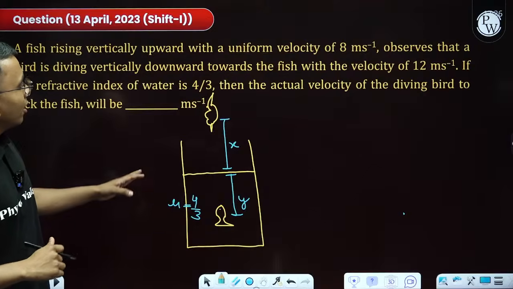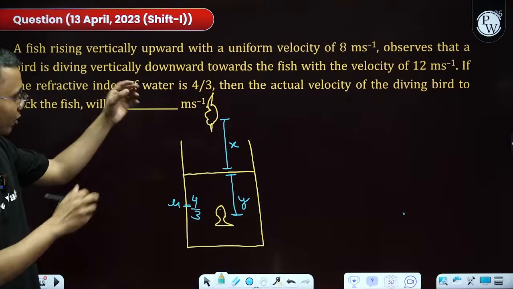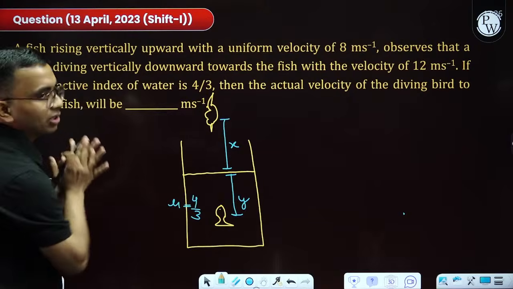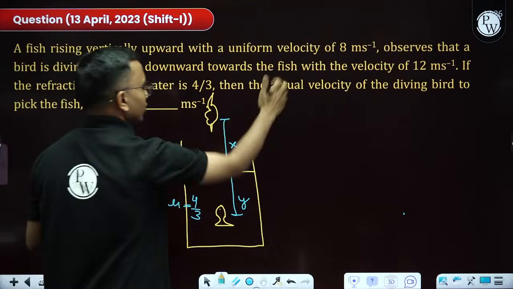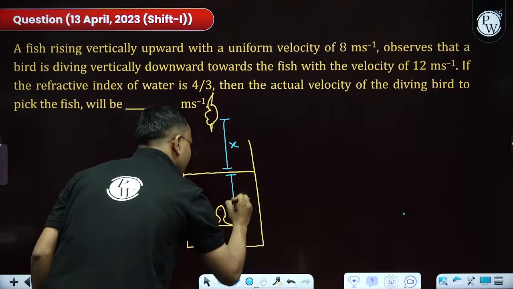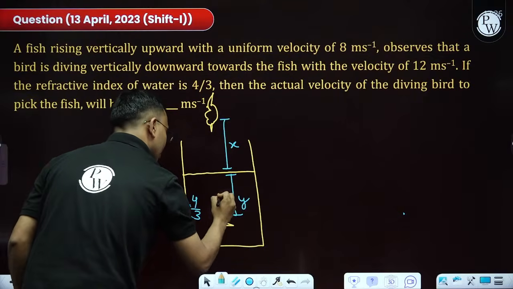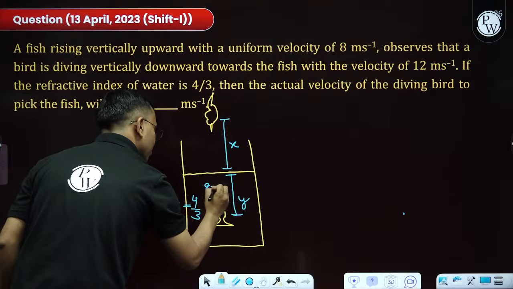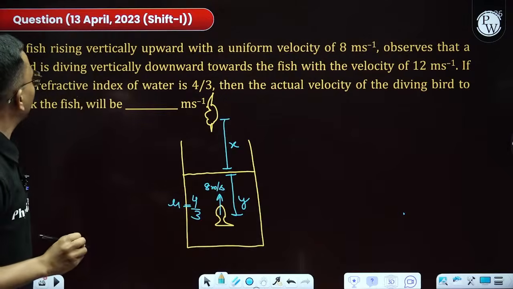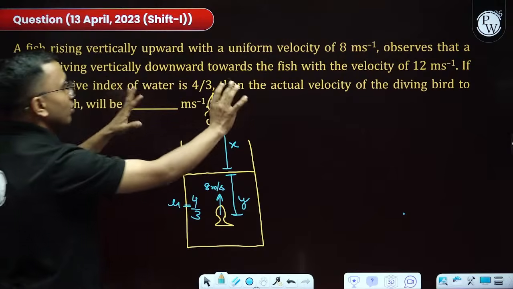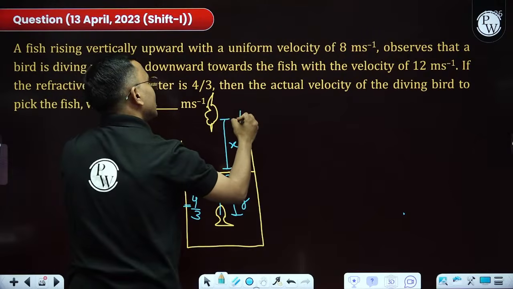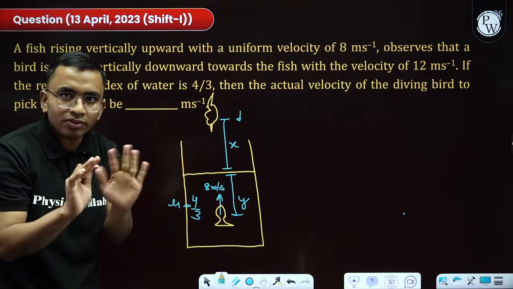Now here this fish is seeing this bird. The fish is rising vertically with a uniform velocity, moving up with velocity 8 meter per second. It observes the bird diving vertically down with velocity 12 meter per second. So 12 meter per second is not the velocity of the bird with respect to the ground.